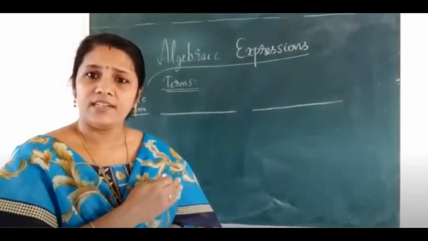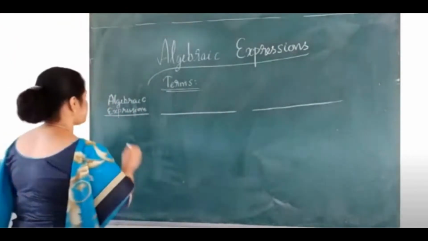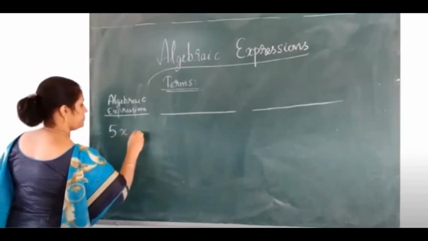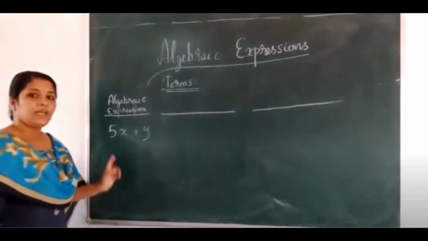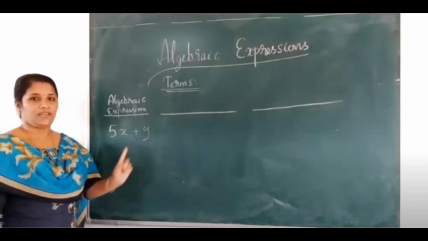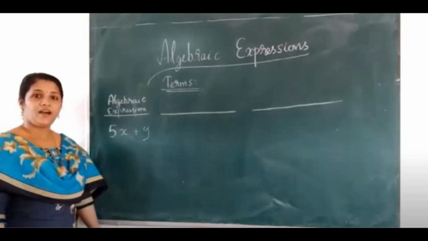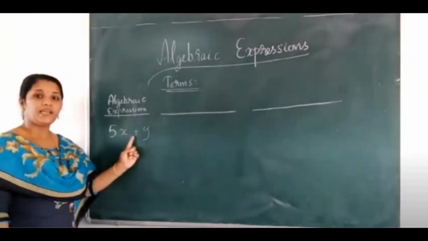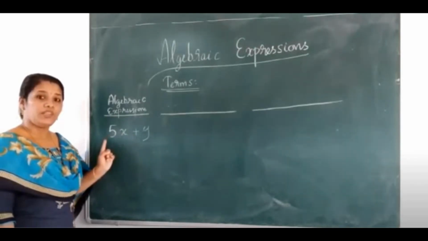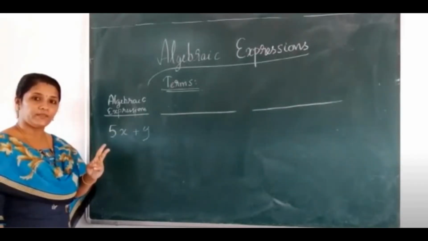Let's discuss this with an example. Let me write one example, okay? Here, I wrote the expression 5x plus y. 5x and y are separated by the addition symbol, right? So, for this algebraic expression, there are two terms.